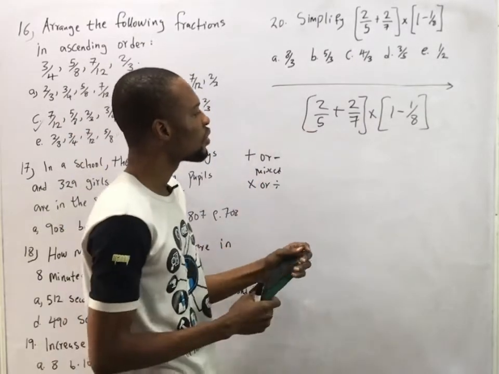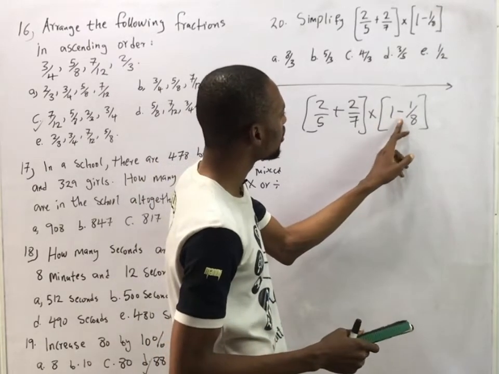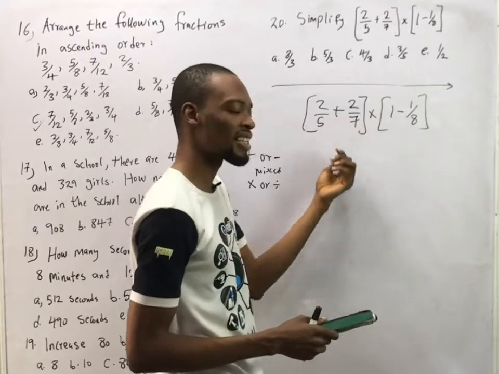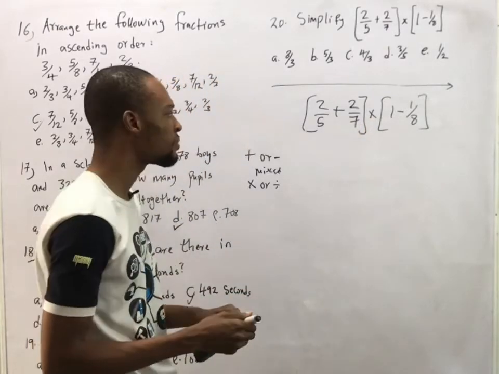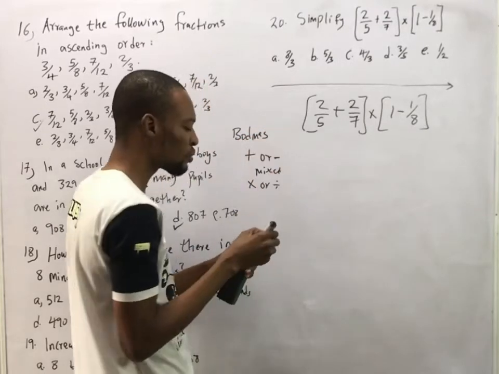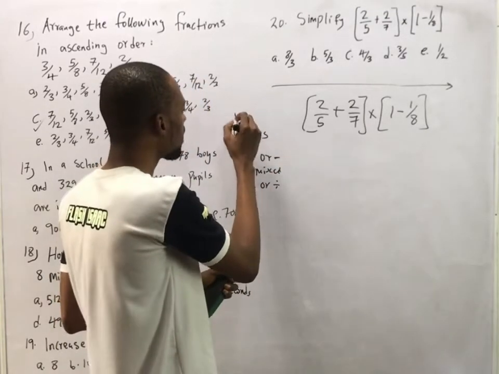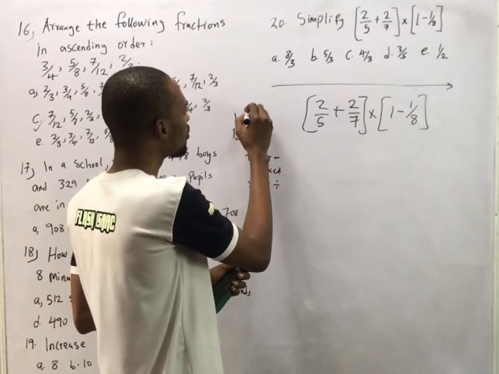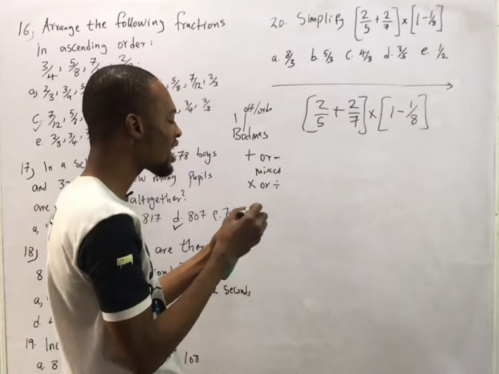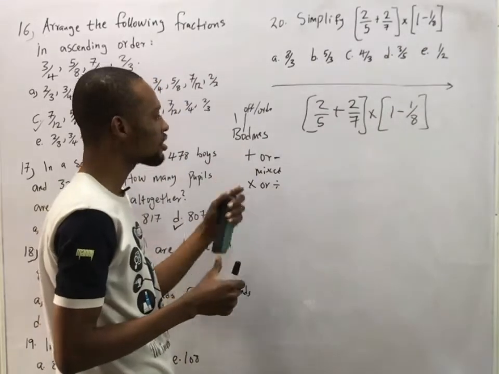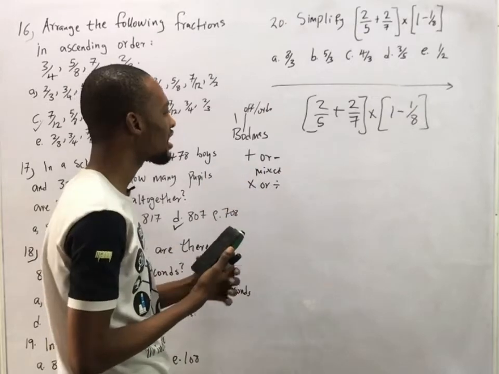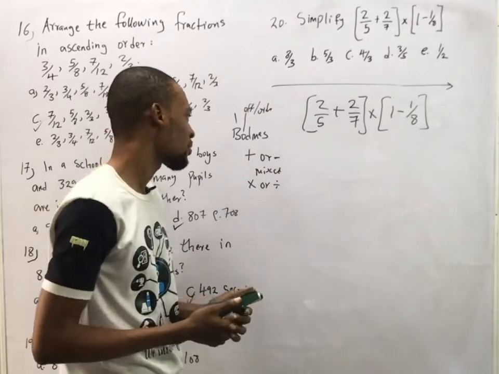In this question, we have addition, subtraction, multiplication, and brackets. So the solution to this problem is actually using BODMAS. So what is BODMAS? B is bracket, and O is of or order, which deals with powers and exponents. D is division, M is multiplication, A is addition, and S is subtraction.